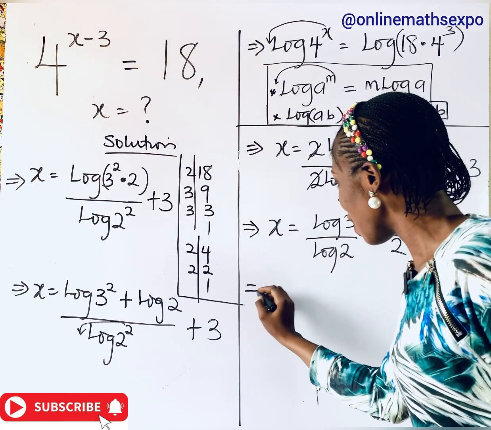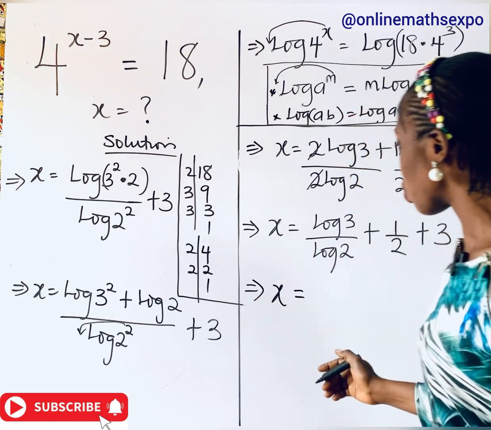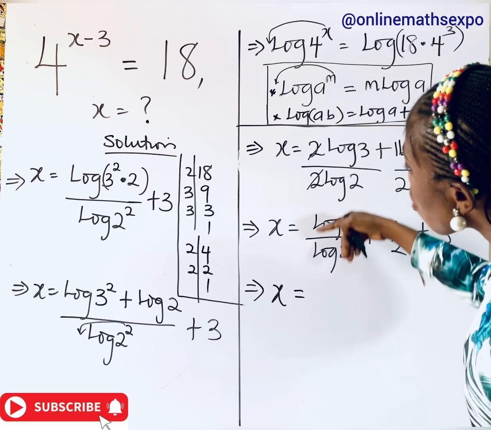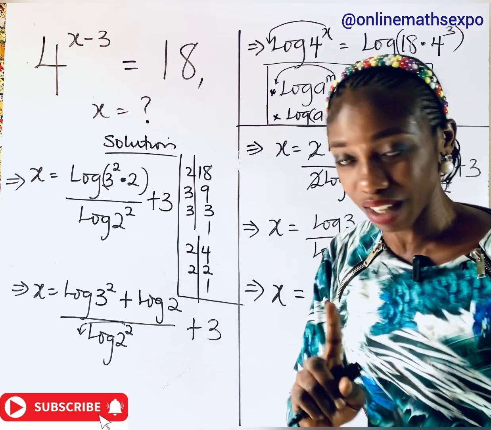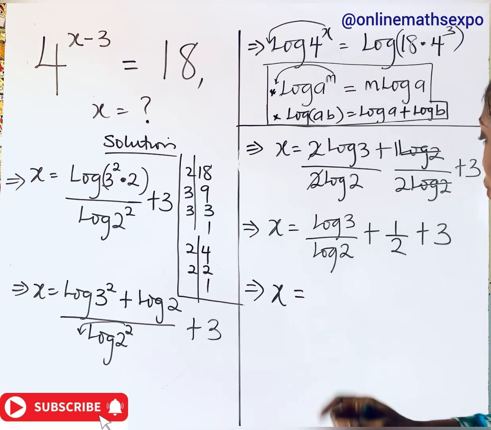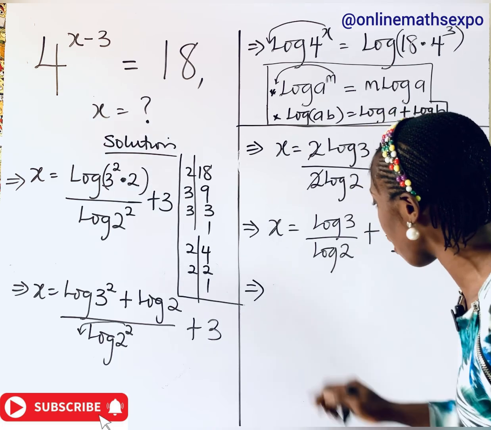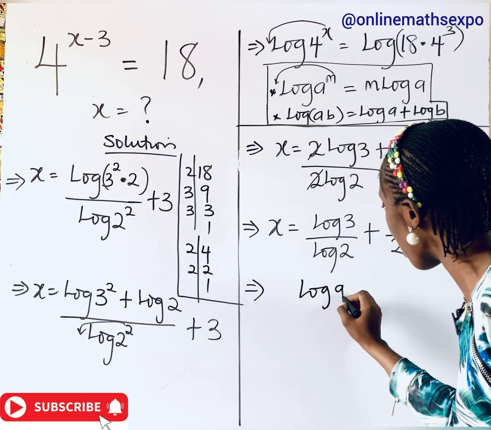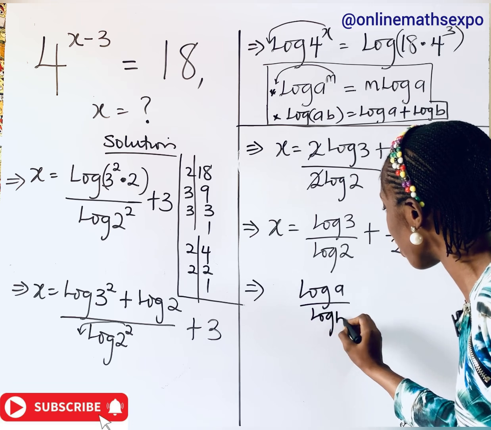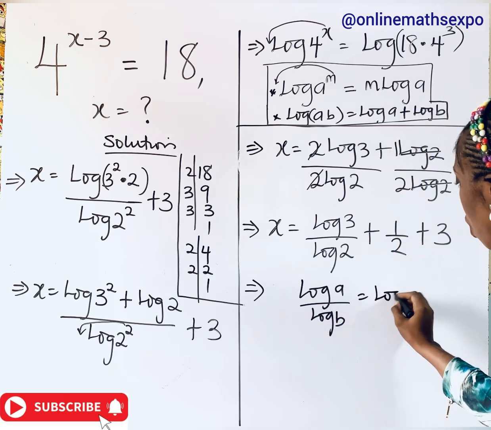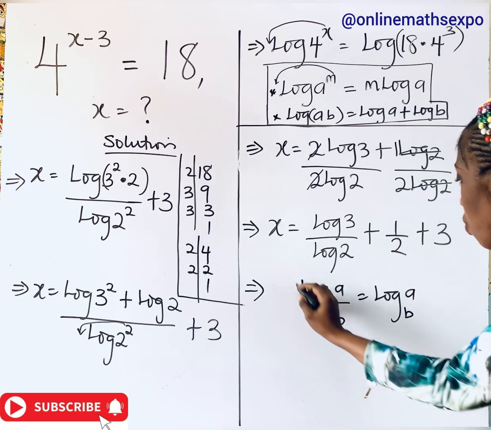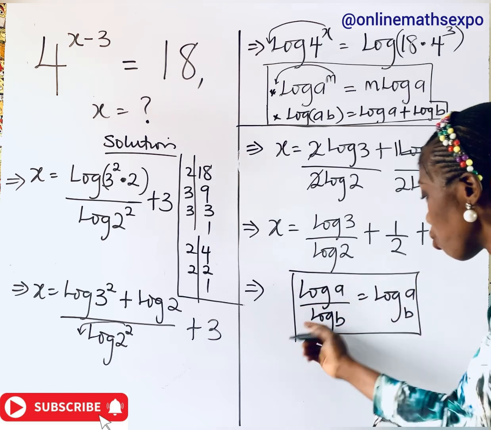Now what do we do? We are concluding. So we have it that x is equal to, now at this point, there is one very important rule of logarithm, that says that if you have, let's write it down, log of a over log of b, it means log of a base b. We call it change of base rule, okay?